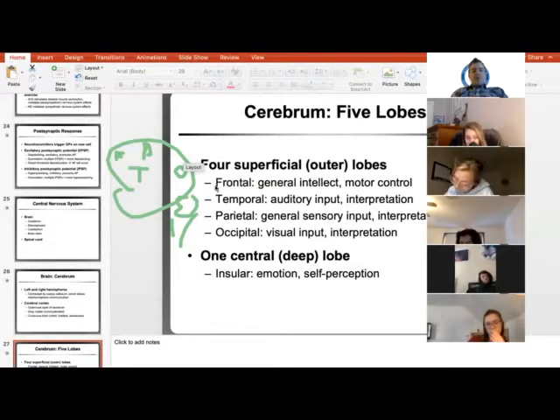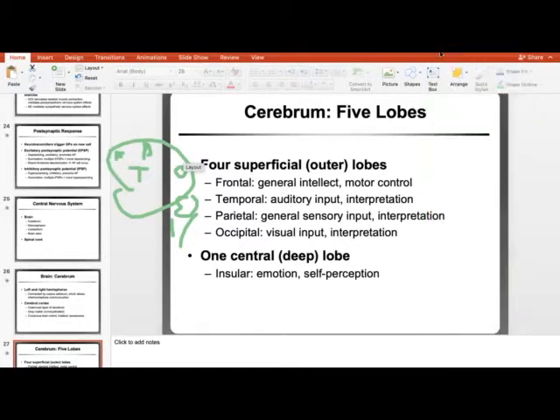The frontal lobe is associated with motor control. Now, this is a very mechanistic view of the brain. Mechanistic meaning you take a car, or any type of machine, and you take the parts apart and say, this is what this part of the machine does, and that's what that part does.